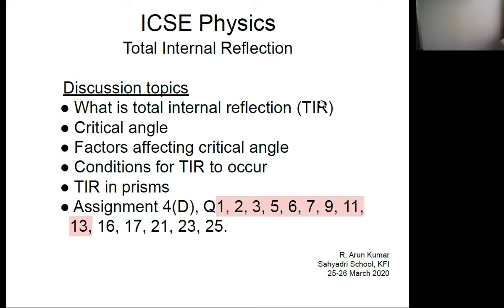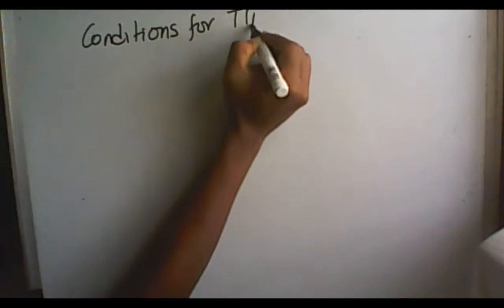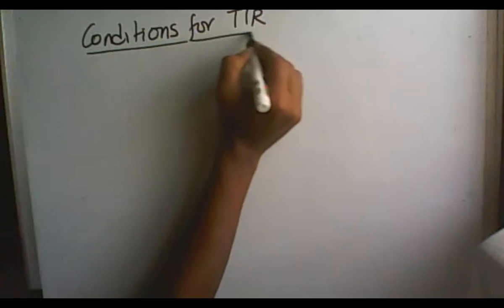Okay, so let's start. To move on from factors affecting critical angle, let's come to the conditions for TIR to take place. That's where we left off yesterday. Let me go back to screen sharing. The conditions for TIR to occur are fairly straightforward.